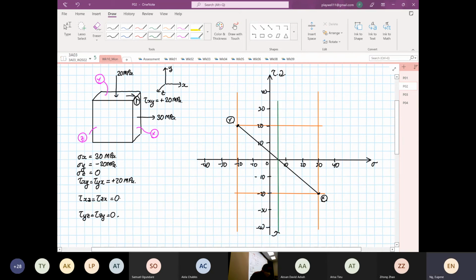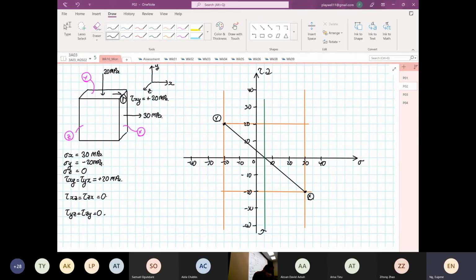Immediately you can calculate your average stress, which is the center of the circle. So it's 30 plus minus 20 divided by 2, which is equal to 5 megapascal. That's why the intercept is at 5. This is the center of the circle.